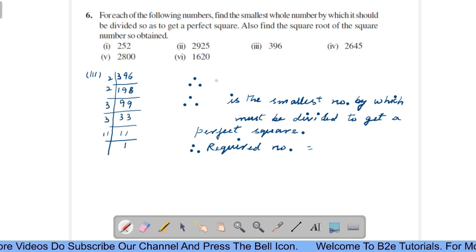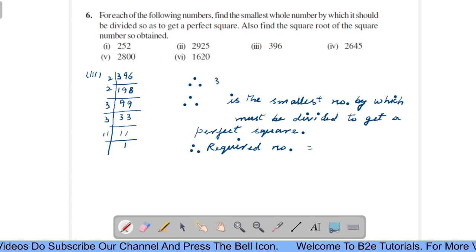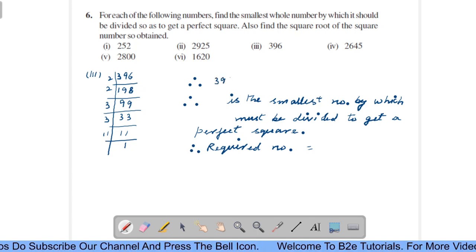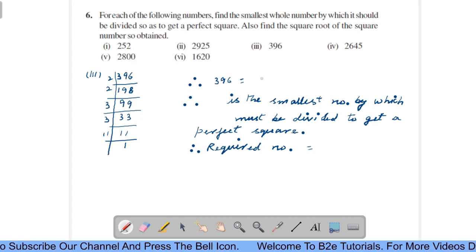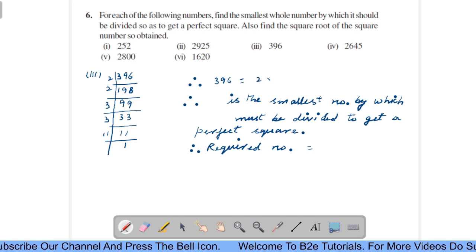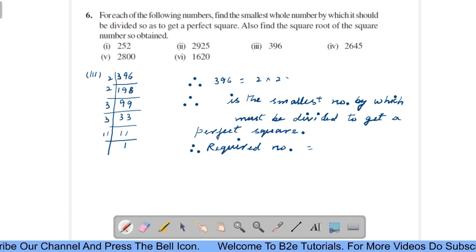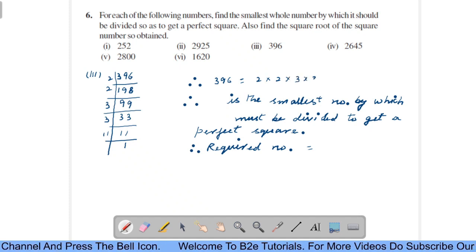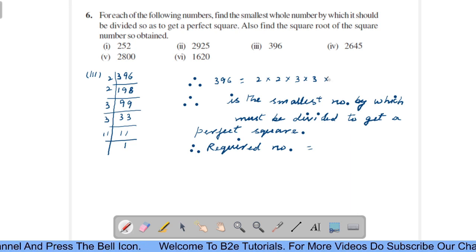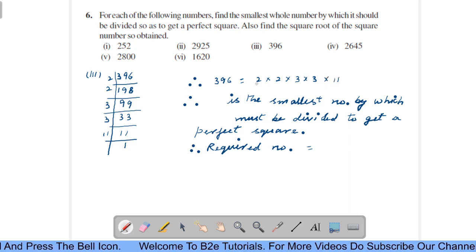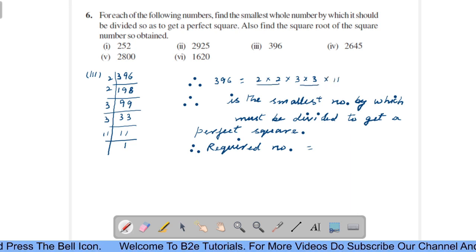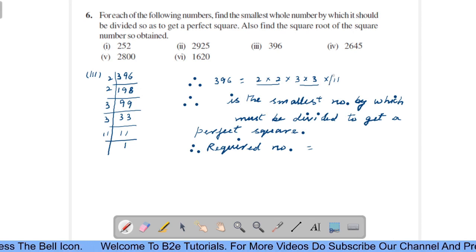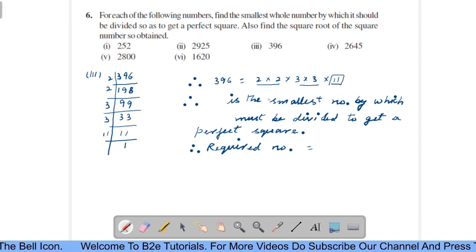Therefore 396 can be written as 2 into 2 into 3 into 3 into 11. Here make pairs of 2. Here we are unable to make pair of 11.